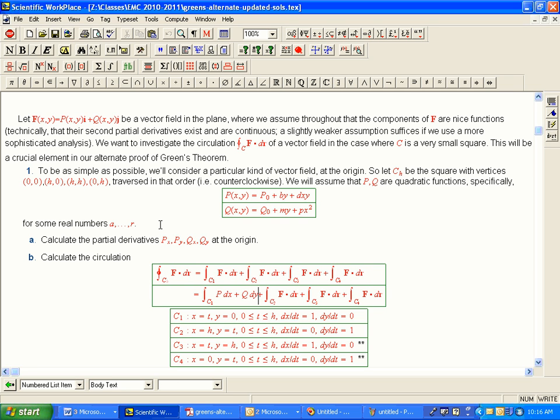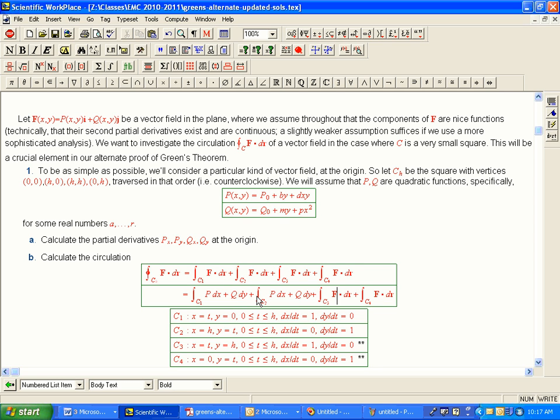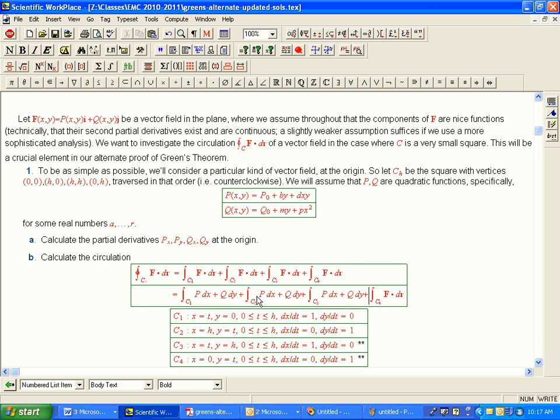Remember what that's a shorthand for: we're going to take P and put it in terms of t, Q in terms of t, and change dx into dx/dt times dt, and similarly for dy, and then we've got the parameterization all set up. And I'm just going to copy and paste that into the other ones. So this isn't absolutely necessary, but it's getting us closer, using the notation, to what we really want.